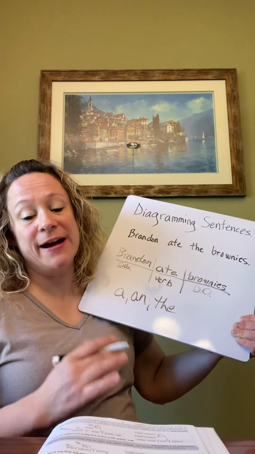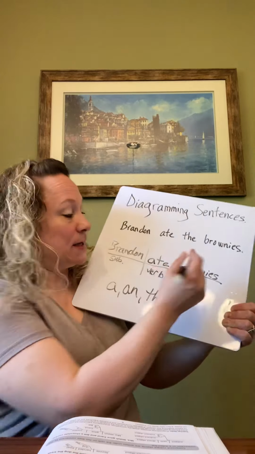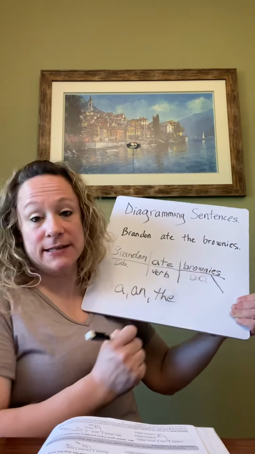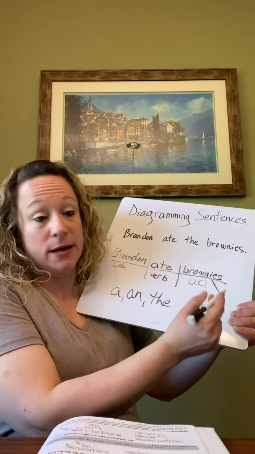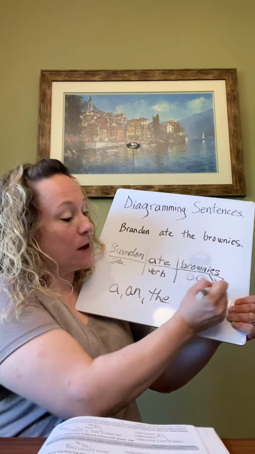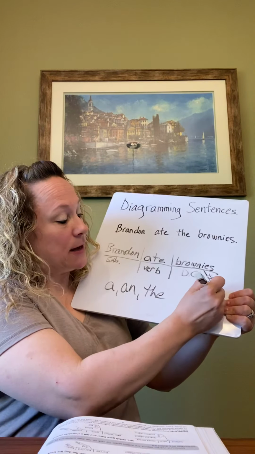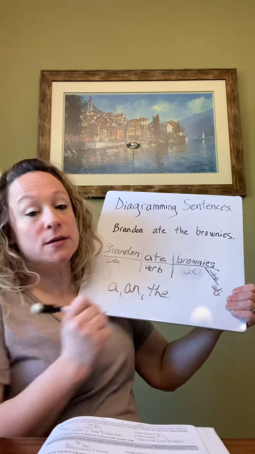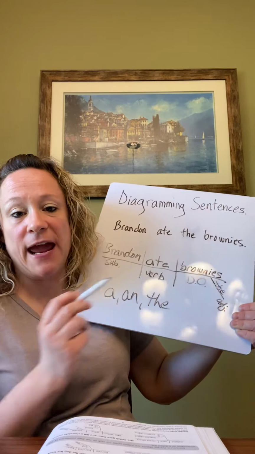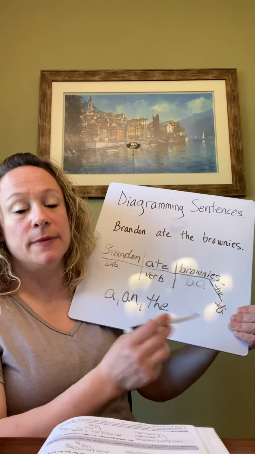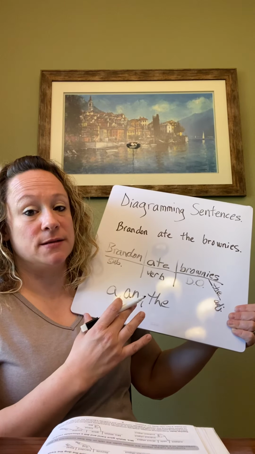So when you diagram sentences, you do a little slanted line off the word it's describing, and then you write the on that line. And then to let me know you know what that word is, adjective can be abbreviated ADJ. Okay, so this is one example of the sentences that you will have.